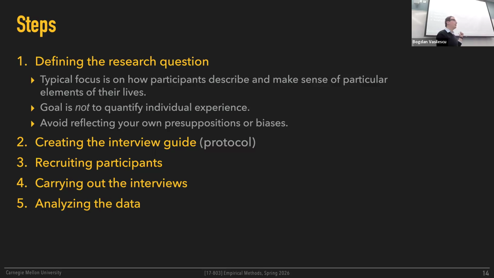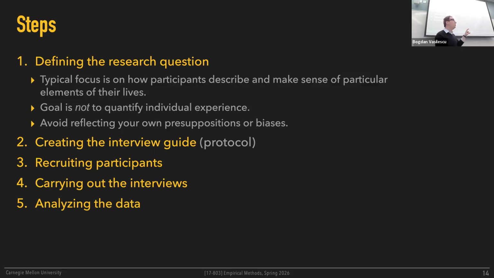An important thing that I'm not mentioning here is that because this is human subjects research, you're collecting research data by interacting with human subjects, you need IRB clearance for this everywhere. So you should do all of that at some point between steps 1 and 2 or 3.